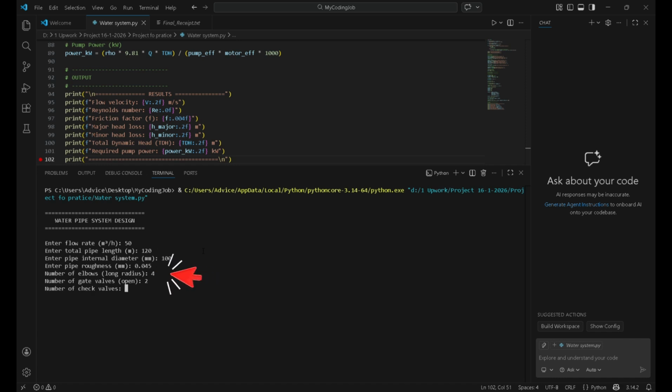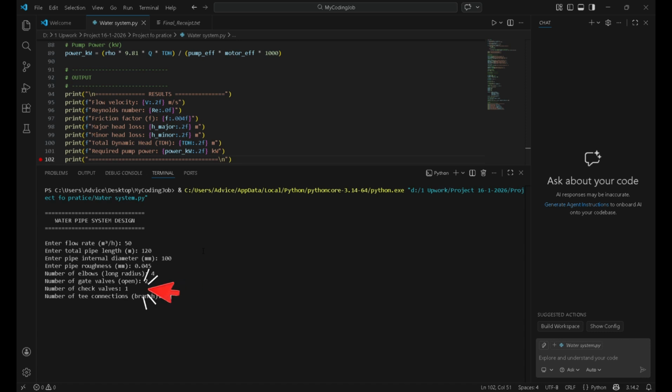Elbows, 4 units. 4 long radius elbows are included in the piping layout. These fittings cause directional changes and turbulence, contributing to minor head loss through their associated loss coefficients, K values. 6. Gate valves, 2 units. 2 fully open gate valves are present in the system. Though low loss when open, they still add measurable minor losses and must be included in the TDH calculation.